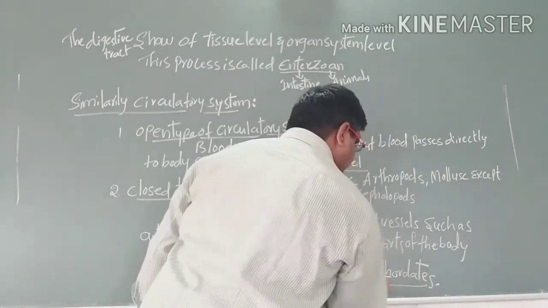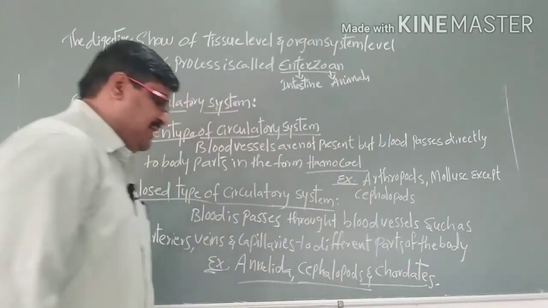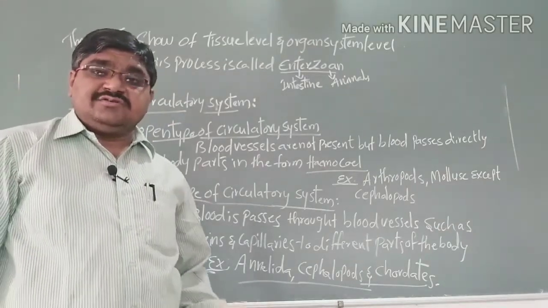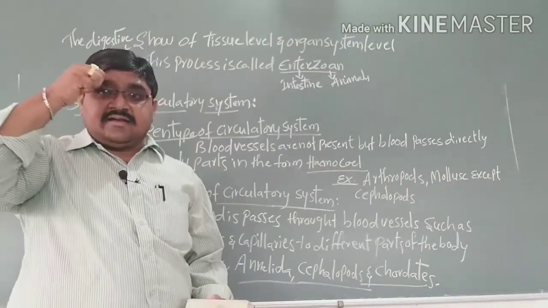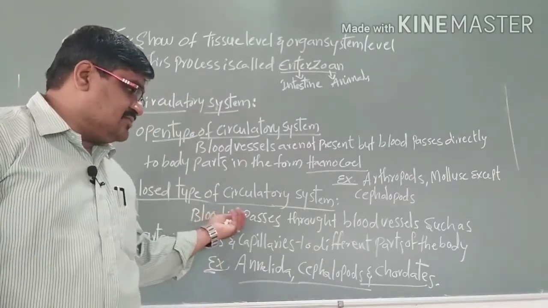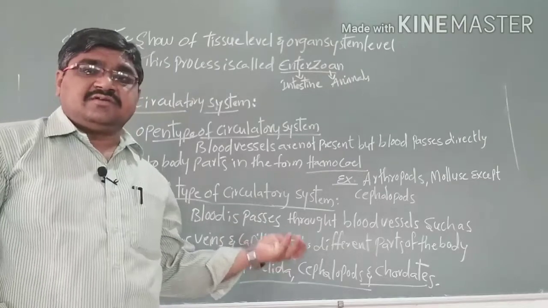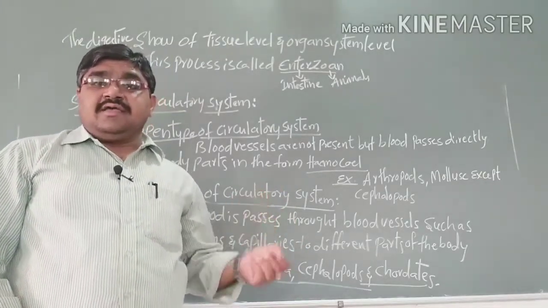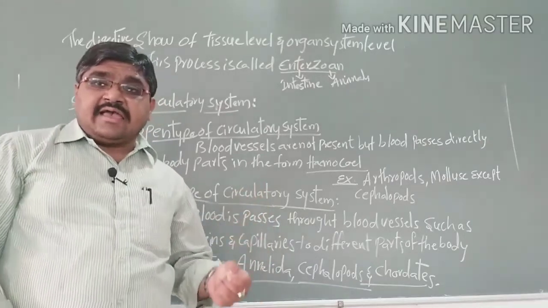So here is an example. We can take an example for a closed type of circulatory system, where the blood passes through the blood vessels to different parts of the body in the form of arteries, veins and capillaries.